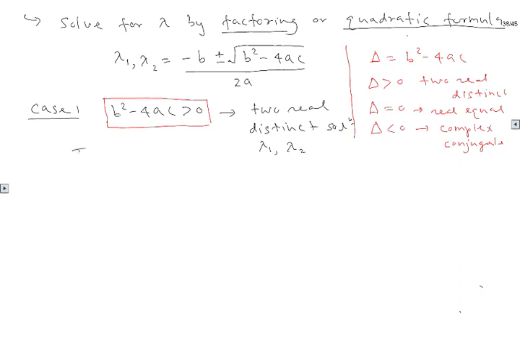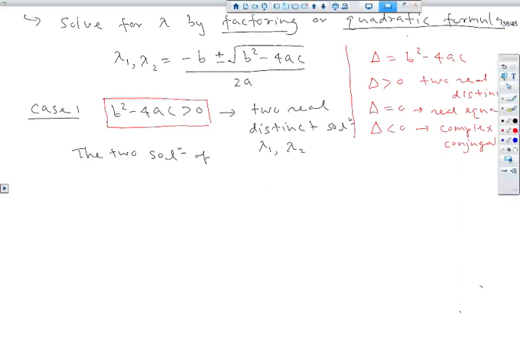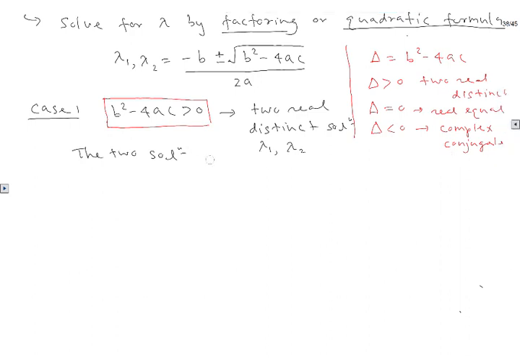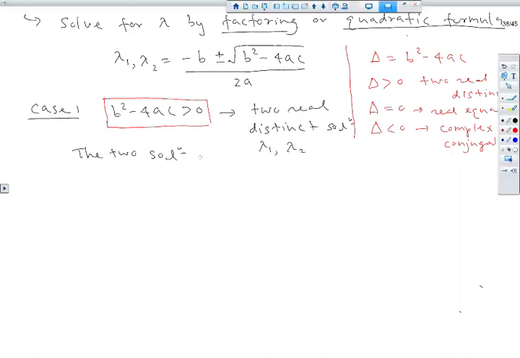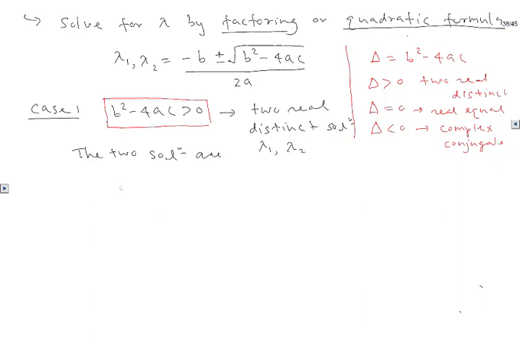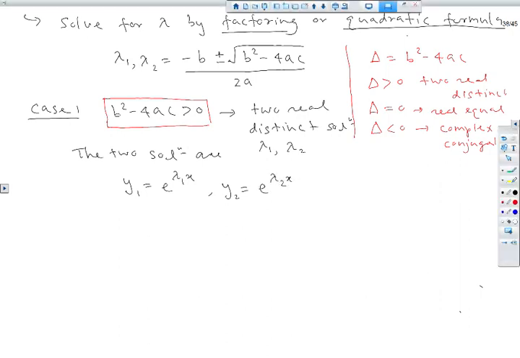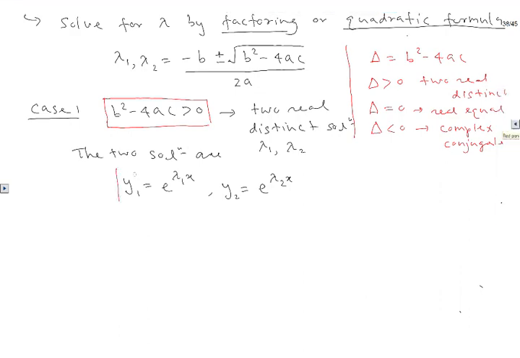So the two solutions are: one is y1 equals e to the lambda 1 x, and the other solution is y2, which is e to the lambda 2 x. Those are the two solutions. So that's the first case.